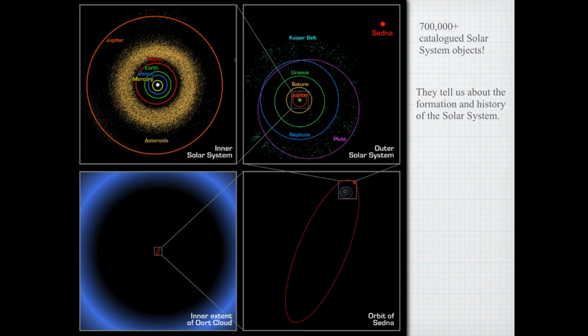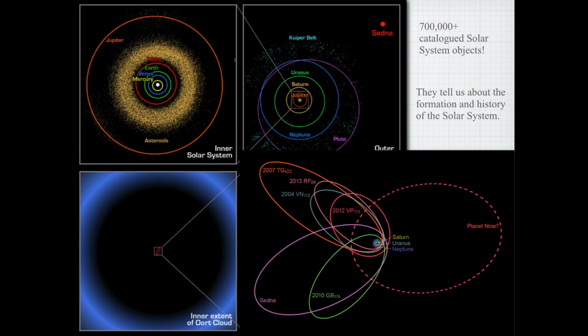If they have perihelion distances that are much bigger than Neptune's distance, which is 30 AU from the sun, those objects are not interacting with the inner planets at all. And so by studying them, it's like studying what the solar system was doing 4.5 billion years ago. It's like a cold storage place that you can study, and you can learn about the solar system.